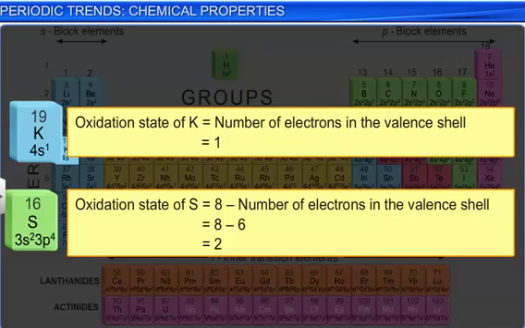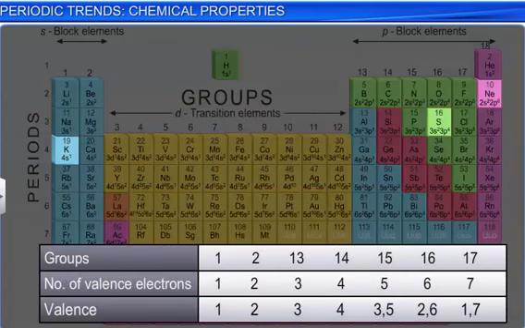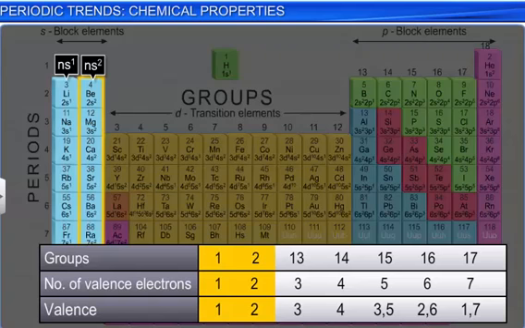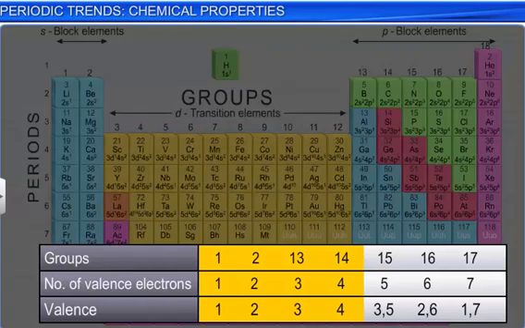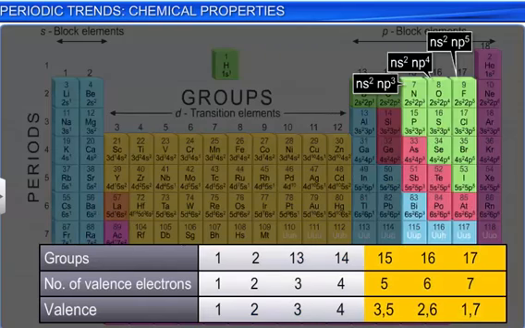As can be seen from the table, for representative elements belonging to groups 1, 2, 13, and 14, the oxidation states shown by elements is given by the number of valence electrons. However, for groups 15 through 17, the oxidation states are given by number of electrons in the outermost shell and or 8 minus the number of valence electrons.